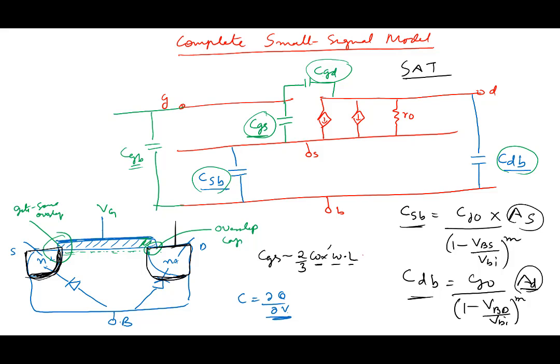Plus it has another term, which we call CGS0 overlap, multiplied by W. So it has two terms: a term due to the channel and a term due to overlap. CGD, on the other hand, most of the time we model like this: CGD0 times W, overlap capacitance only.